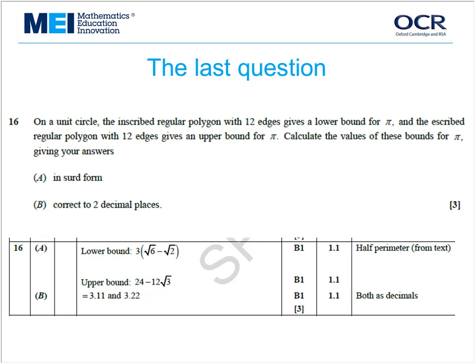Yes, the paper we've just looked at is the specimen paper on the OCR website. There are links from the MEI webpage if you wish. Go to the OCR website, and this is paper 3 or part of paper 3 from the specimen papers there. These are the papers that were submitted to Ofqual for accreditation.